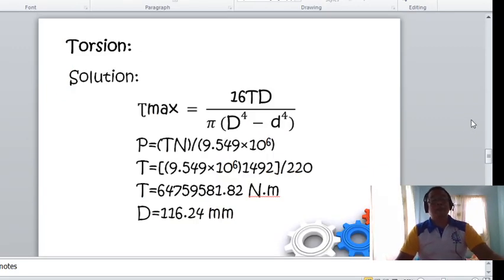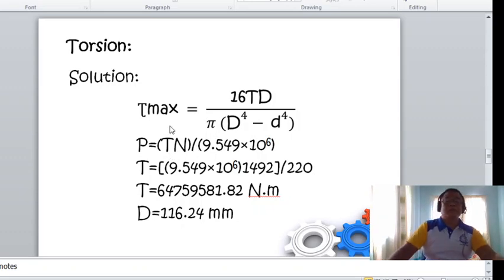Okay, solution now. From the equation for a hollow shaft, the maximum shearing stress is equal to 16TD over pi times D to the 4th minus d to the 4th. Okay? So, from the equation, take note that the given here is in SI units. So, take note that for the power, we have here the denominator of 9.54 times 10 raised to 6.